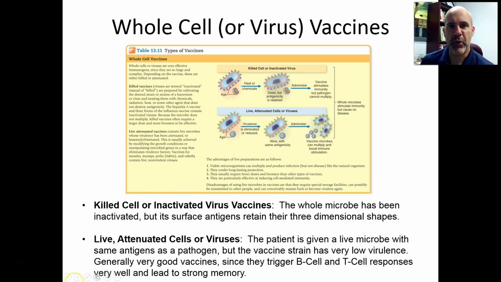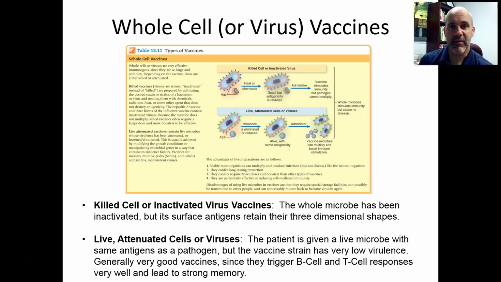Attenuated is an important term to learn when we're thinking about vaccinations. What that means is these attenuated bacteria or viruses still have antigens that your immune system can recognize, but they're no longer capable of causing disease. So they've lost their virulence factors, and they're no longer going to be pathogenic in a healthy individual.